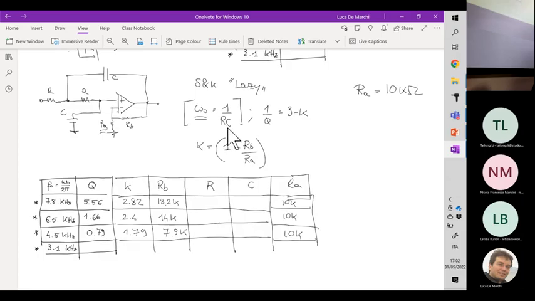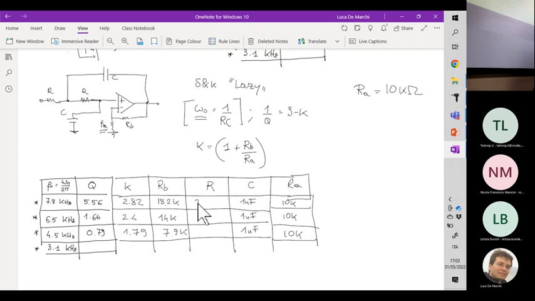Basically, you have 2 degrees of freedom. You can change both R and C, or to simplify your task, you can set the capacitance to one specific value, say 1 nanofarad, a very common one, and select R so that this equation is fulfilled.